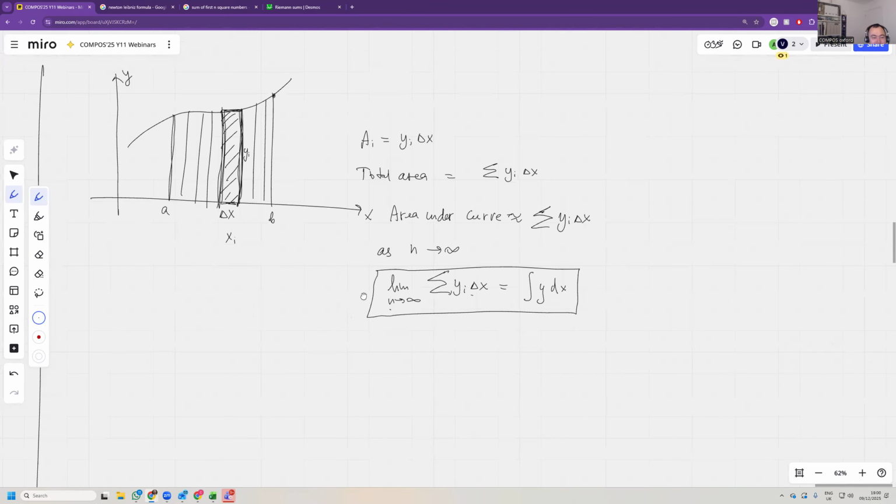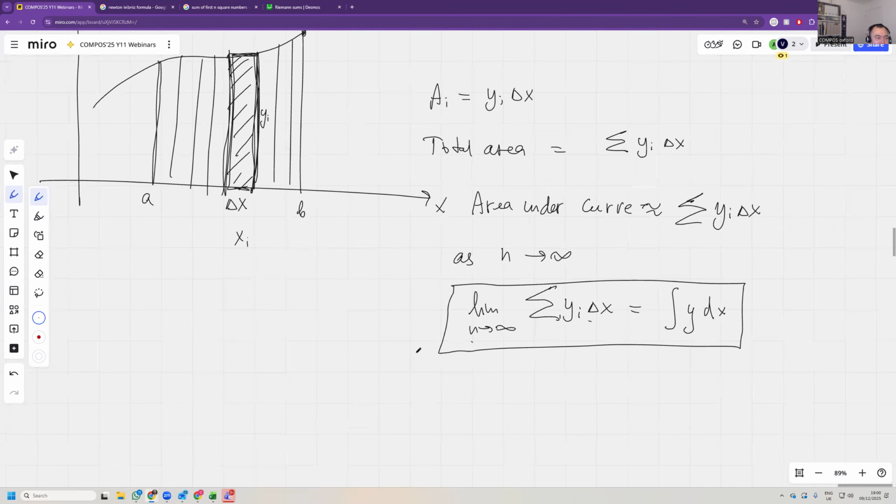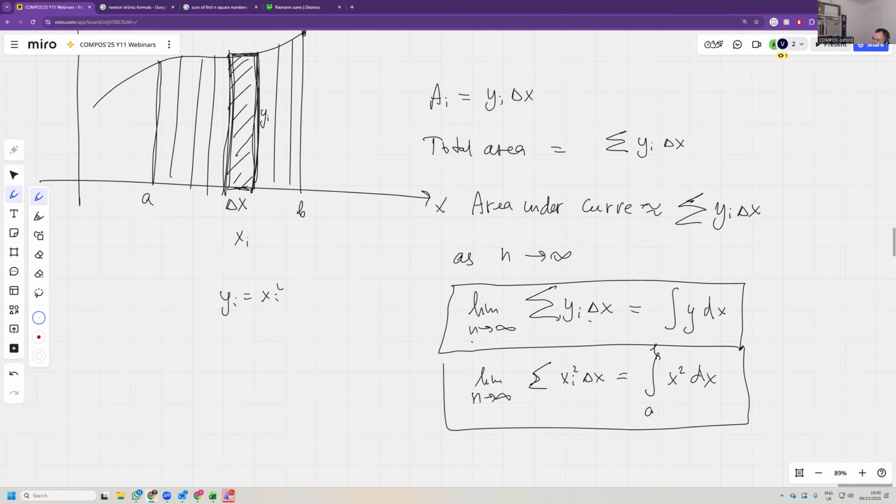Because we know yi is simply xi squared, the limit as n tends to infinity of the sum of xi squared delta x simply becomes the integral of x squared dx, with limits from a to b. So you see how this is interlinked.